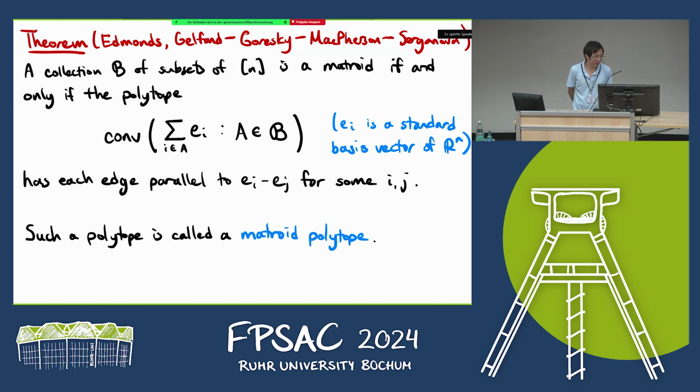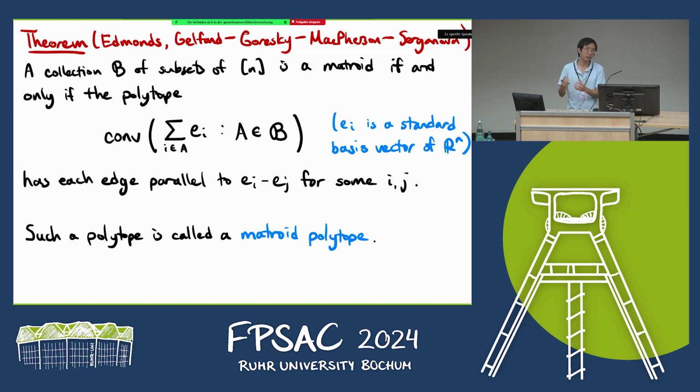What I really want to think about as a matroid is using the following theorem due to Edmonds, and later independently Gelfand, Goresky, MacPherson, Serganova, which is that if you have a collection of subsets of bracket n, then this collection is a matroid if and only if you take the convex hull of all the indicator vectors of these bases.